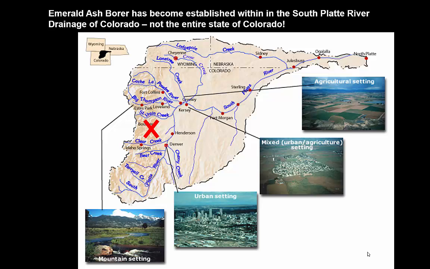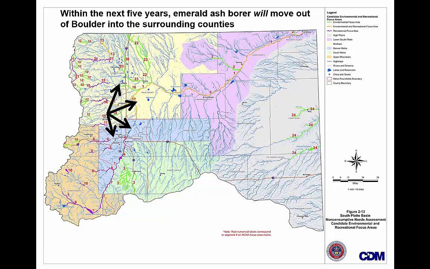So I would say that we are infested as a state, but the only part of the state at risk from the current infestation is the South Platte drainage. And again, that will also increase risk to the areas in Wyoming and Nebraska that are also part of this drainage. So in the next 5 years, emerald ash borer will steadily move out of where it is. It'll move out on its own through the adults flying, when they fly in May, June, July, or it'll move out from human-assisted spread.